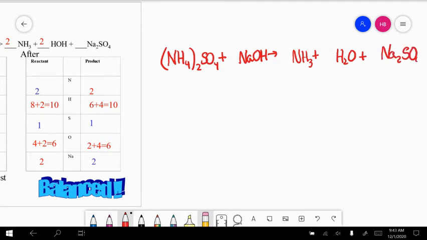Remember, we used our rules that we learned in naming that sodium sulfate has a charge of -2, so it has to have 2 sodiums. So that's where those numbers come from.